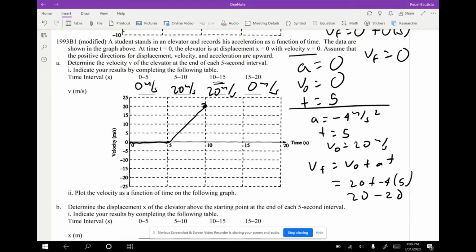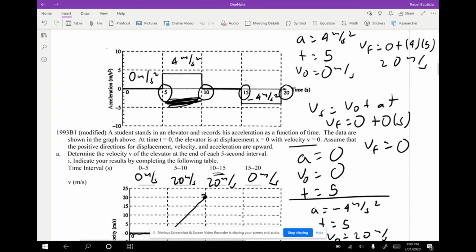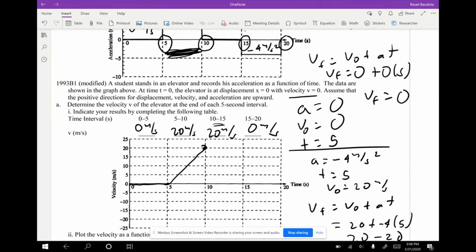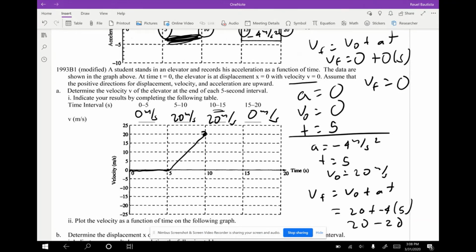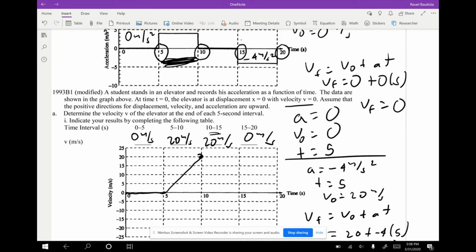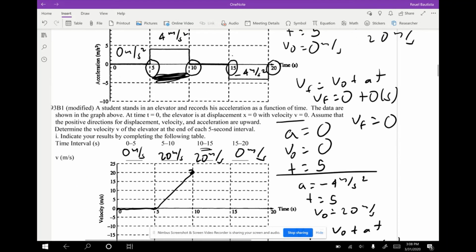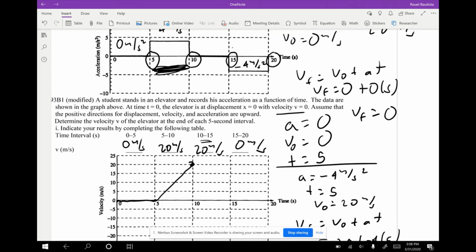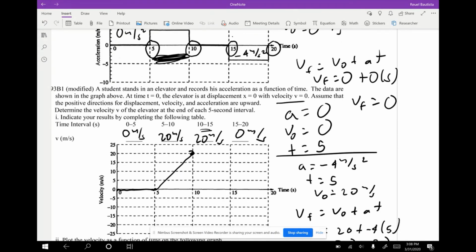It will be a straight line, but it's going to look a little bit different. It's going to be constant. There is no acceleration during 10 to 15, which means there's no change in velocity, which means our velocity is just going to be a flat line. And then finally, this is going to be like this. Okay, and that's how my graph looks like. Again, this should be pretty simple.